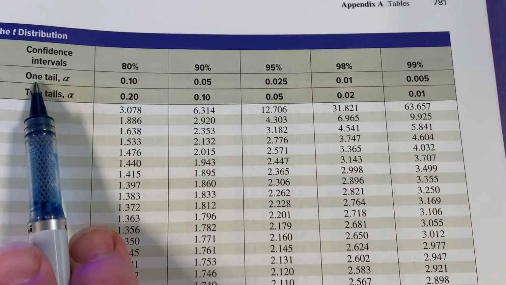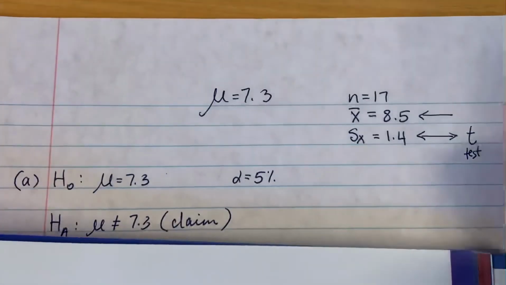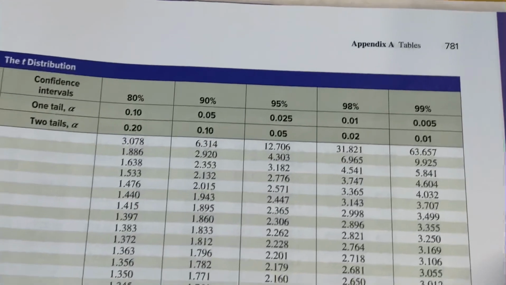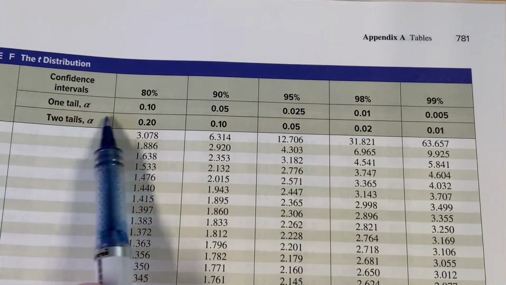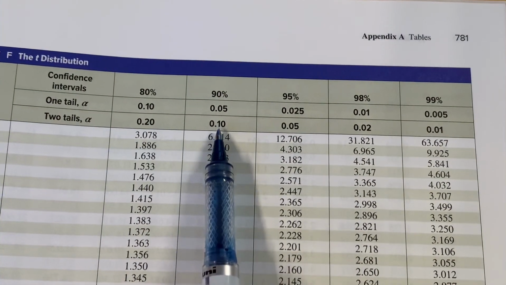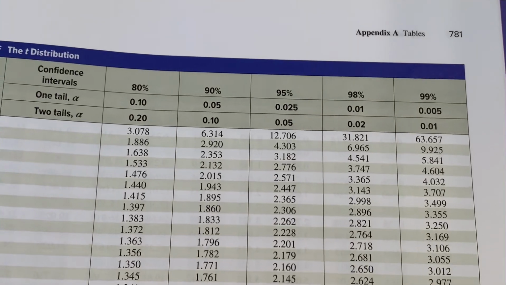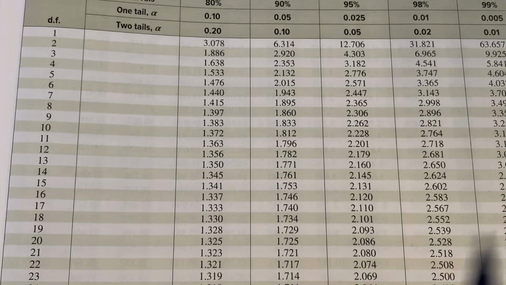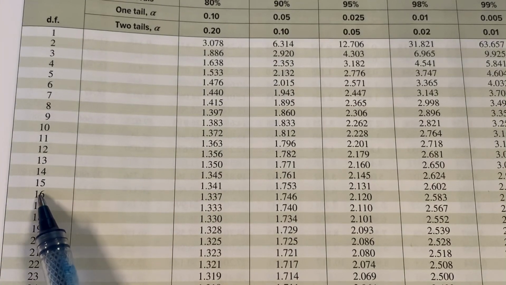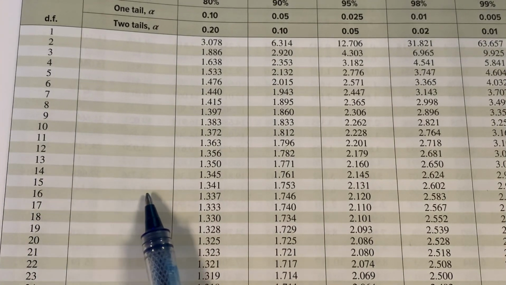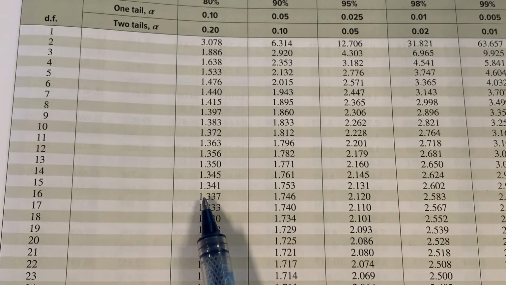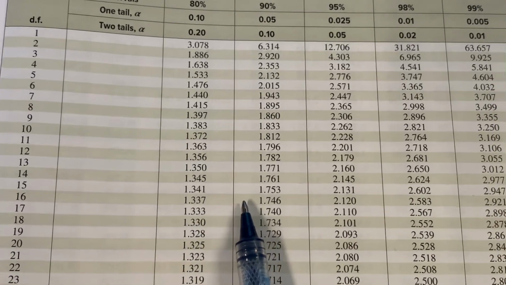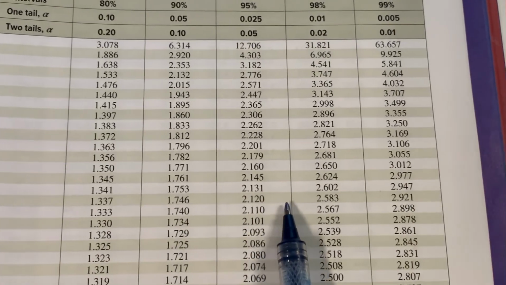Our hypothesis is two-tailed, so we use the bottom row. My degrees of freedom is 16, so I need the row that has 16. Now I find my 3.53. This one is 1.337, no good. Continue going; these are all too small.